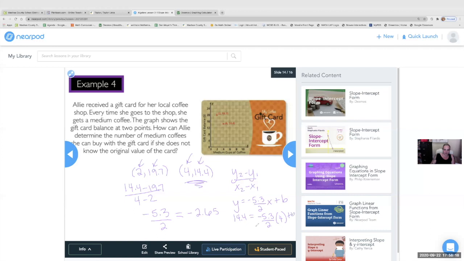And then plus b. So we can put this in the calculator, negative 5.3 times 4. We get negative 21.20. So negative 21.20 over 2 plus b equals 14.40. Then we want to add this amount to this, right? So we can take 21.20 and divide it by 2, just to make it easier.